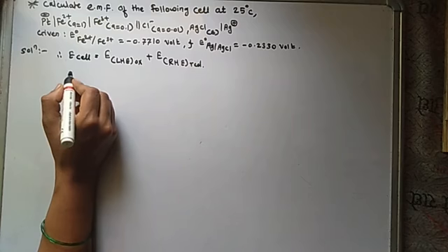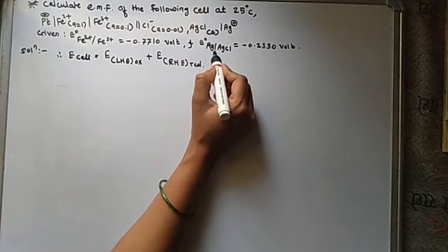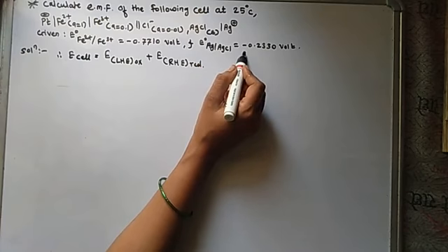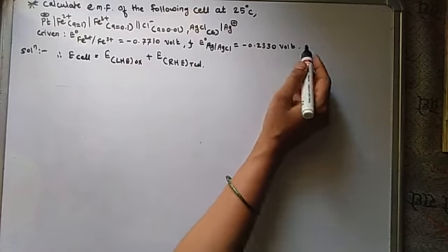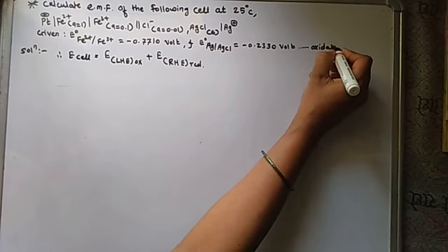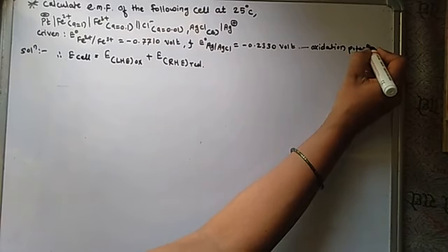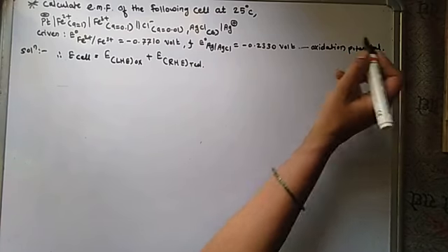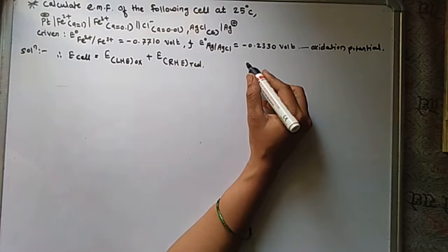Therefore in the given problem, E standard of AgCl is equal to minus 0.2330 volts. This is the oxidation potential, and we already know that the reduction potential is equal to the oxidation potential, but only the sign is reversed.